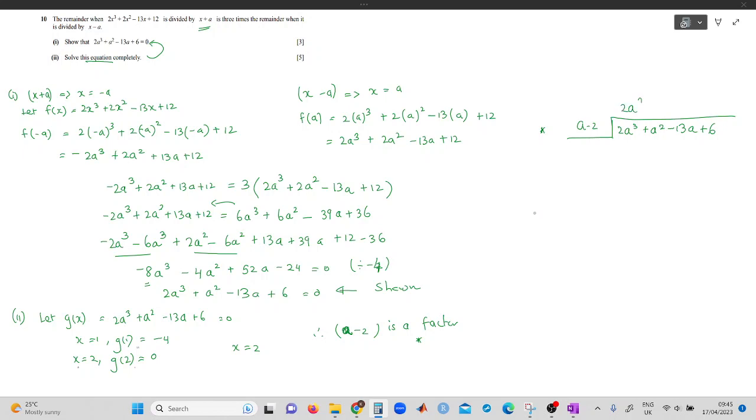So 2a squared, and I will subtract a minus minus 3. A minus minus 2a squared, so this will give me 3a squared. Bring down minus 13a here. So 3a squared divided by 3a gives me plus 3a. Minus 6a.